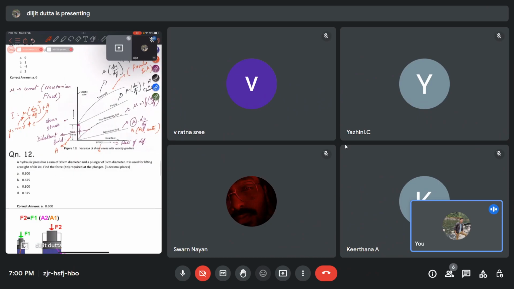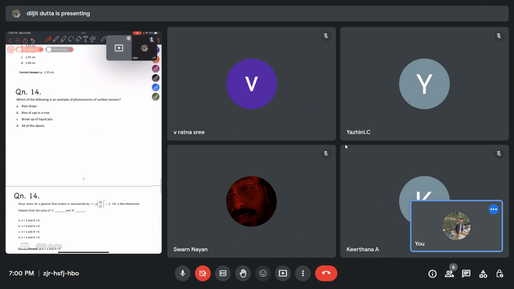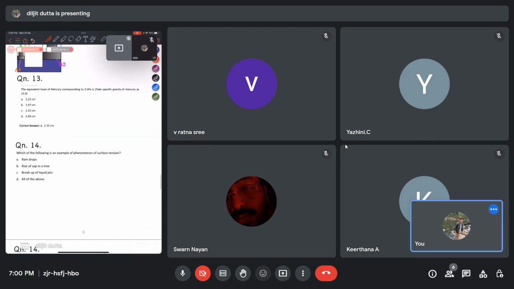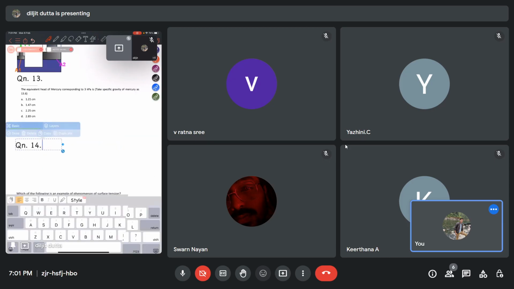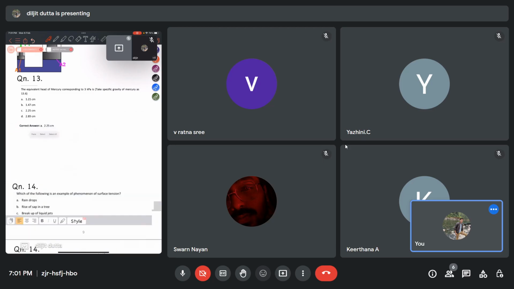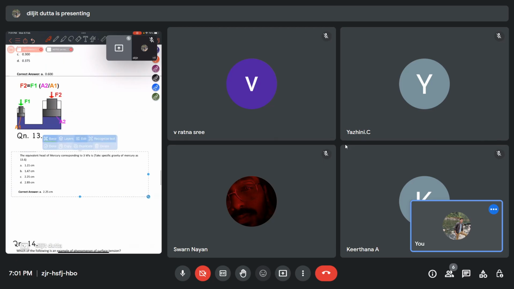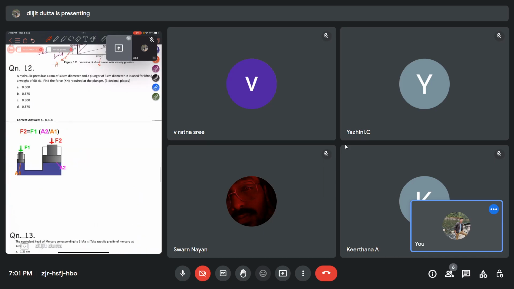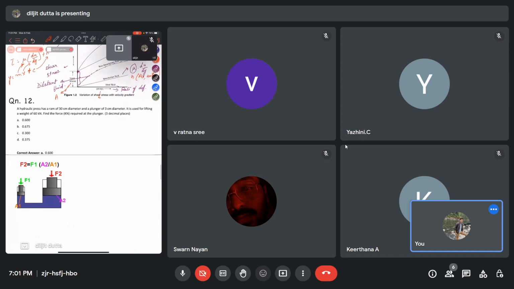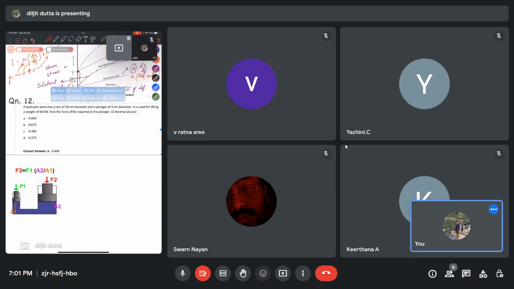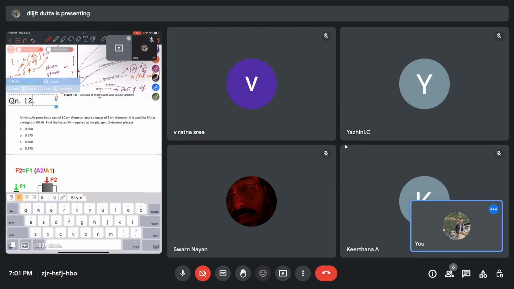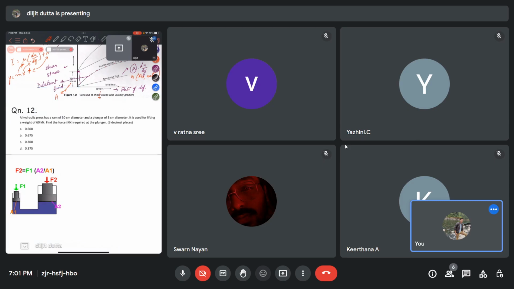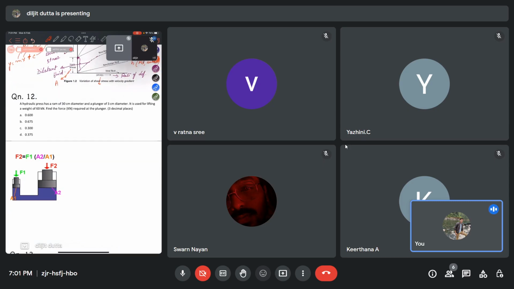Okay, then let's move to the next question. The next question is: a hydraulic press has a ram of 30 centimeter diameter and a plunger of 3 centimeter diameter.